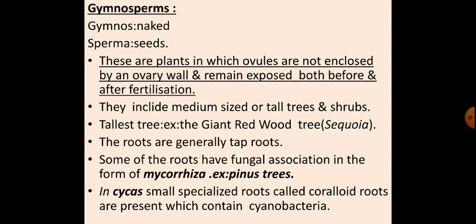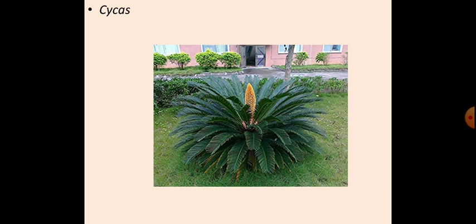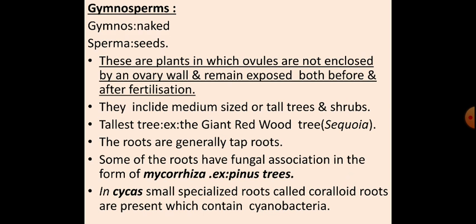Other examples are pinus, which are medium-sized trees, and shrubs, a small one is cycas. I showed you the diagram. This is pinus, this is one more tree, and this is a shrub, cycas, small plants. So these gymnosperms can include tall trees, medium-sized trees as well as shrubs.